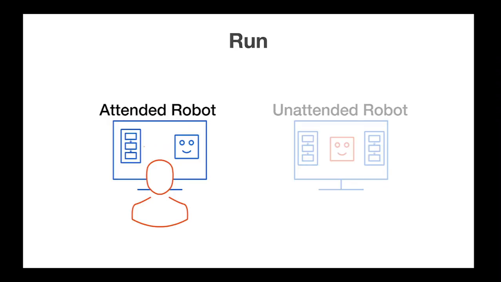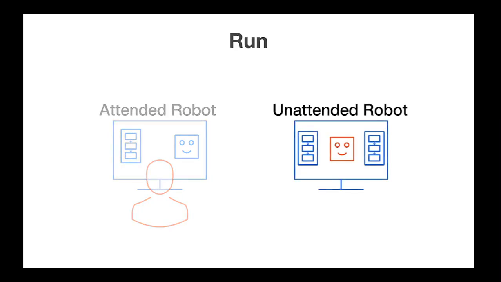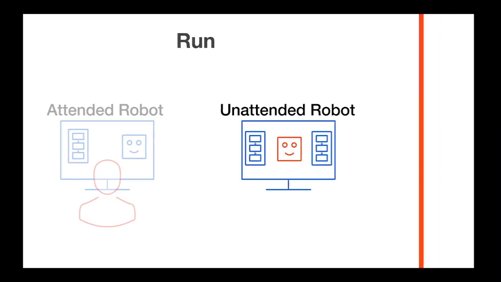For example, an attended robot could bring relevant data from all the applications used or fill in some fields in a CRM application. On the other hand, each company has processes or sub-processes that can be automated entirely. These are perfect candidates for unattended automation, where you want your robots to be autonomous and work continuously.